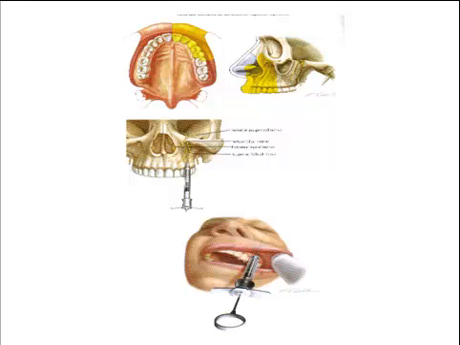It's about a finger width, about 10 millimeters, below the infraorbital notch. So that's where we're aiming when we use an infraorbital injection. We're aiming to get all the way up to the infraorbital foramen, where the infraorbital nerve exits.